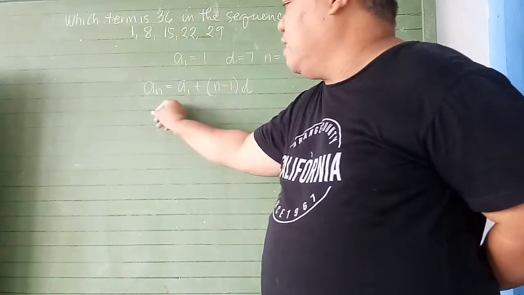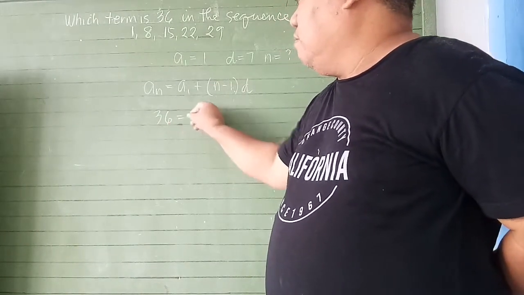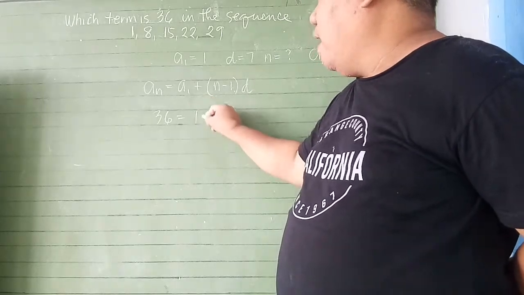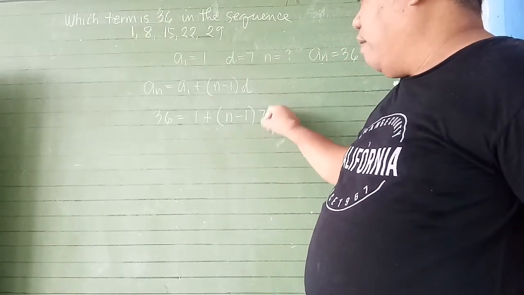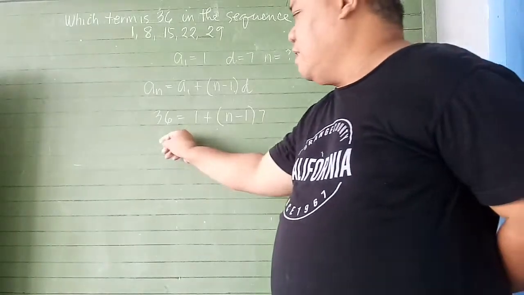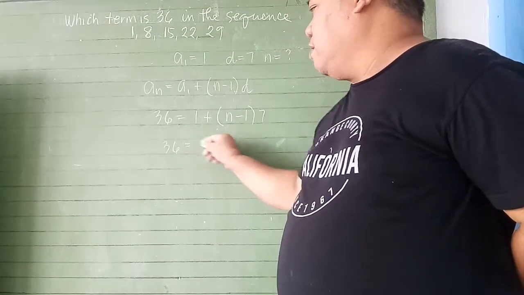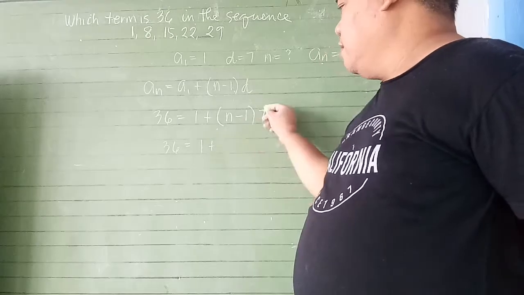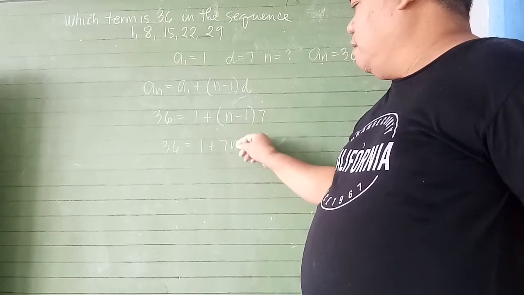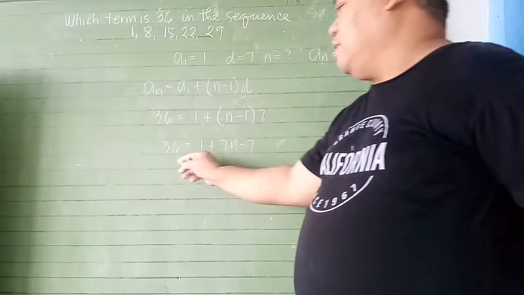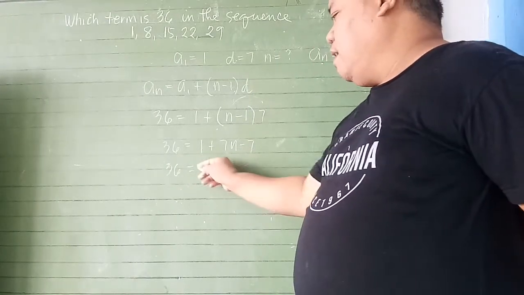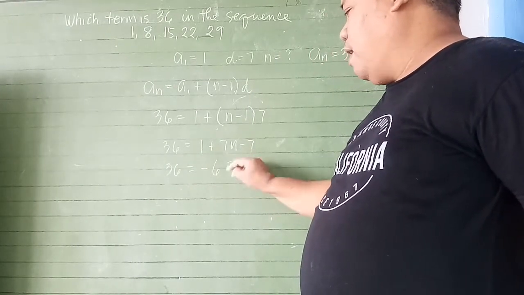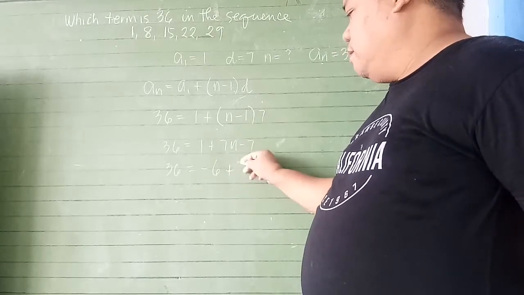So let's substitute this given to the formula. We have here 36 is equals to a sub 1, which is 1, plus quantity n, unknown, minus 1, then d is 7. So this is 36 is equals to 1 plus 7n minus 7. So this is 36 is equals to, subtract this 1, negative 6, then plus 7n.